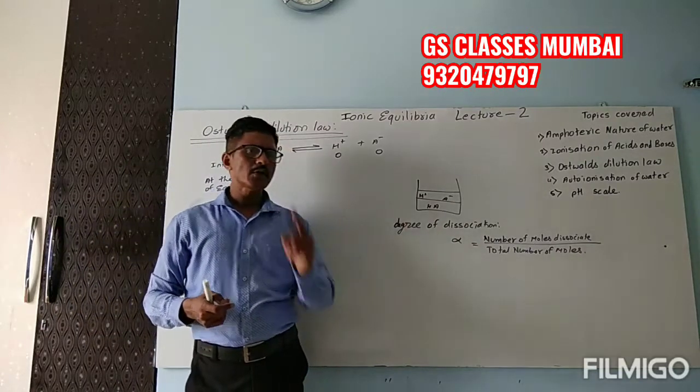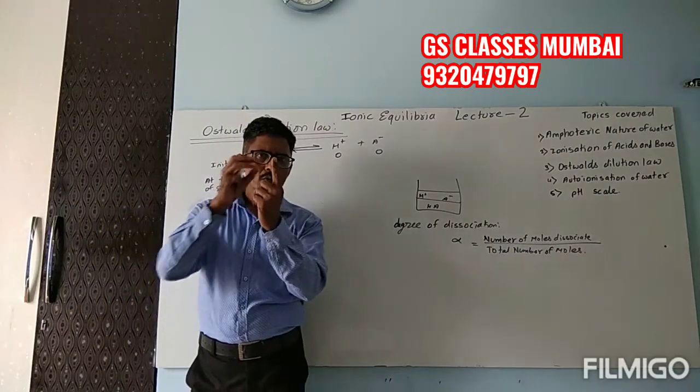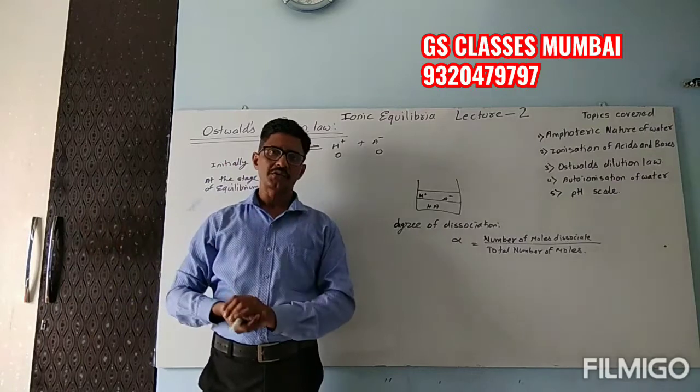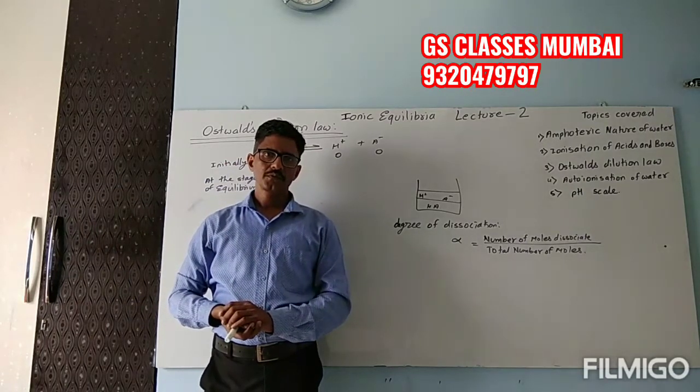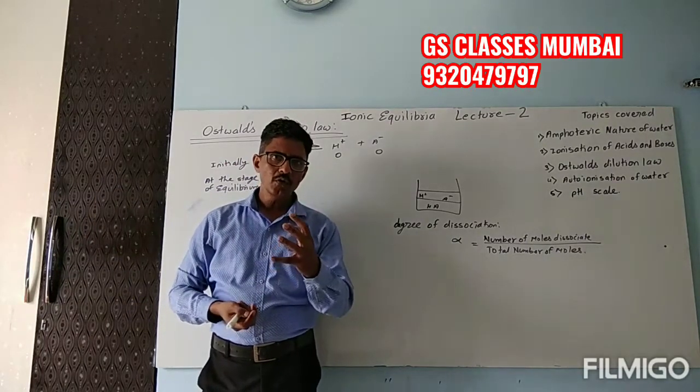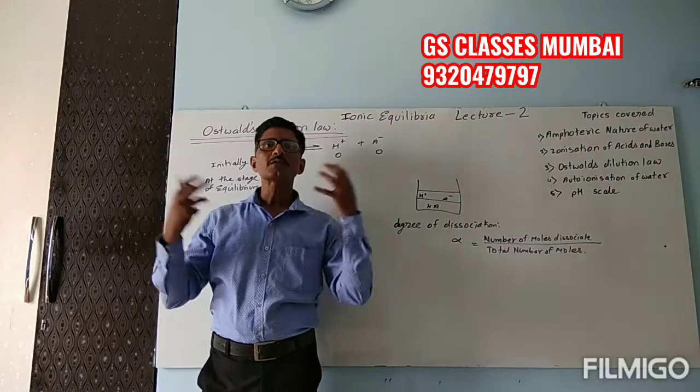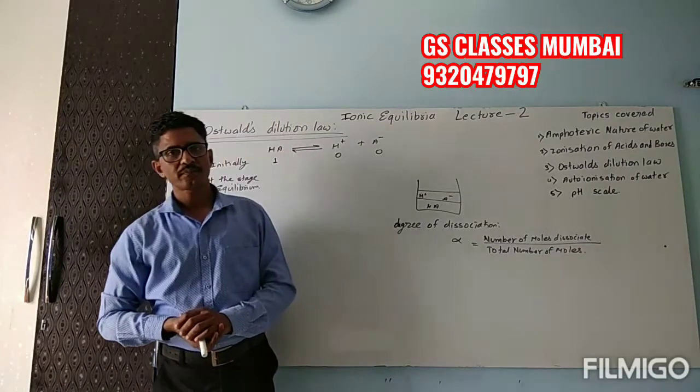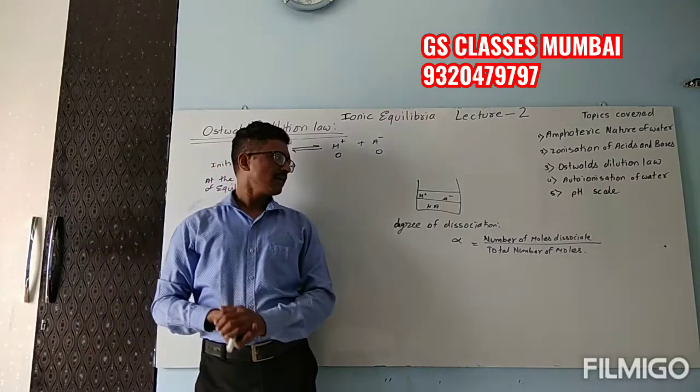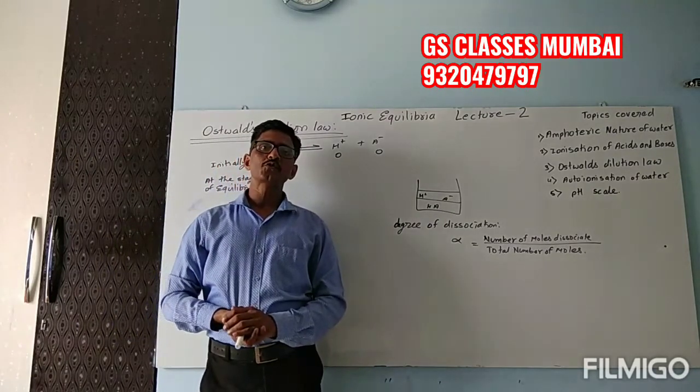This ratio tells you for every 1 mole what part will dissociate. Half mole, 1/4 mole, what will dissociate? That is known as the degree of dissociation.